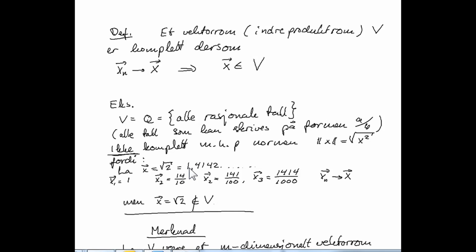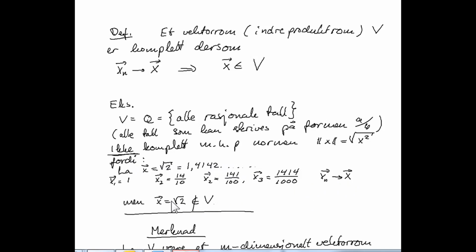Then we get 1.414, and so on. We just let the sequence look like this, and we construct the sequence in a way such that xn will converge to x, which is the number square root of 2.